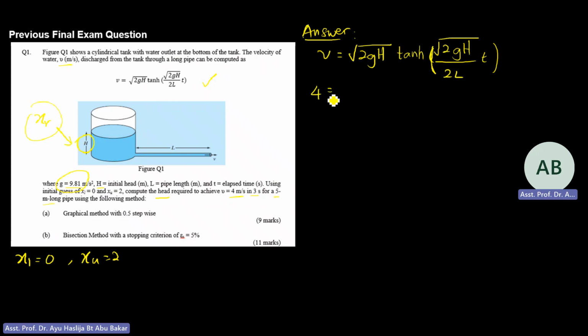We plug into the equation. In 3 seconds, so T is replaced with 3, 5-meter long pipe, the L. So replace all the infos that have been given. H is the one that you need to find.